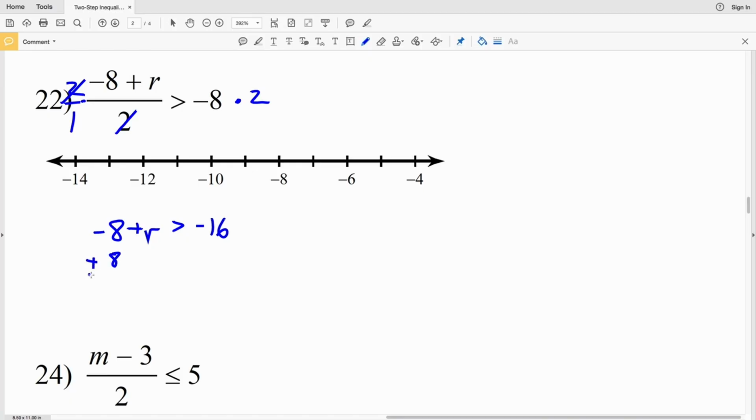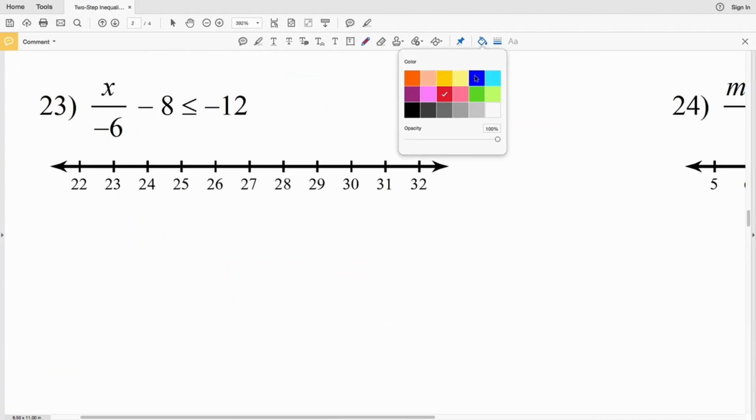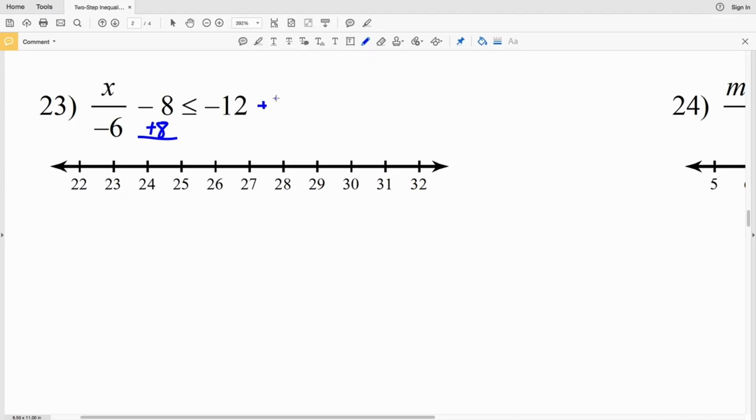Adding 8 to both sides will leave us with r is greater than negative 8. So r is greater than negative 8. And when we graph that, we'll circle the negative 8, not filling it in, and then we're going to shade everything to the right.